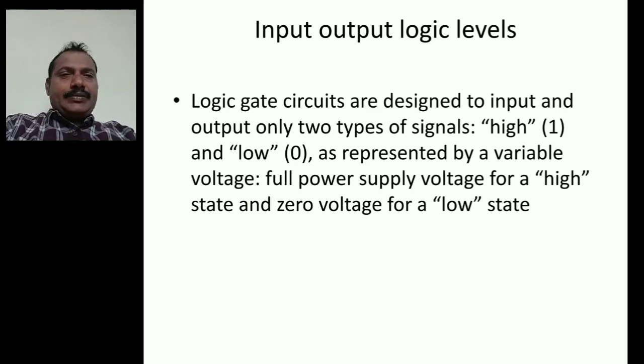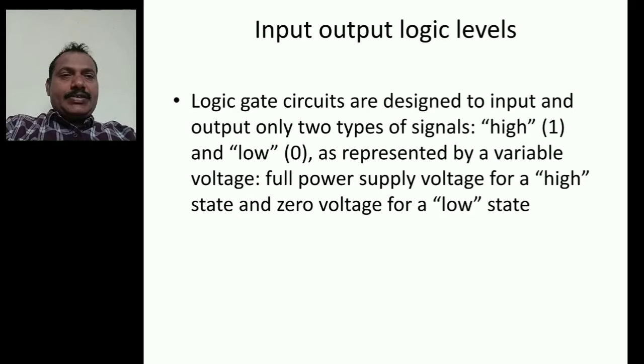Logic levels. Logic gate circuits are designed to input and output only 2 types of signals: high, that is 1, and low, that is 0, as represented by a variable voltage. Full power supply voltage for a high state and 0 voltage for a low state, for example.